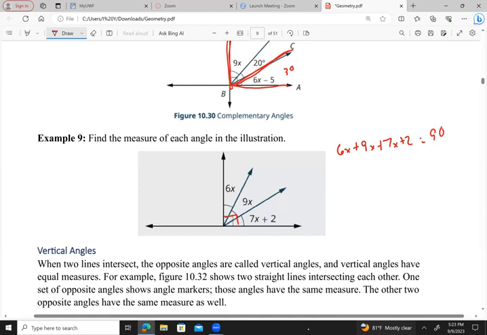So 22x equals 88, so x equals 4 degrees. So this would be 28 plus 2, or 30. 9 times 4, 36 degrees. This would be 6 times 4, or 24 degrees.